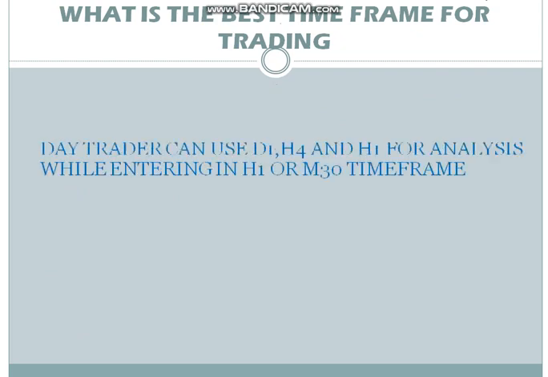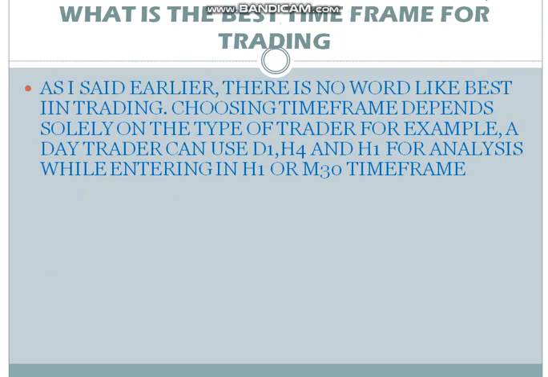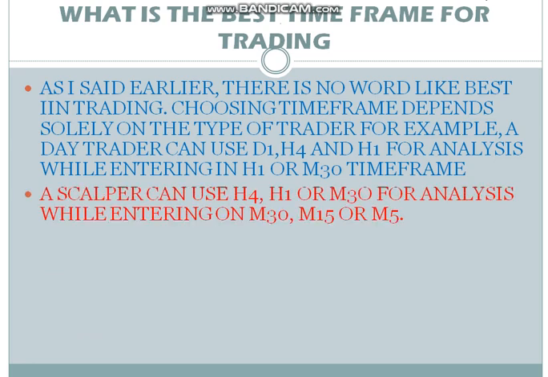What is the best time frame for trading? As I said earlier, there is no rule like best in trading. Choosing time frame depends solely on the type of trader. For example, a day trader can use D1, meaning the daily chart, the 4-hour chart, or the 1-hour chart for analysis, while entering in the 1-hour chart or 30 minutes time frame.